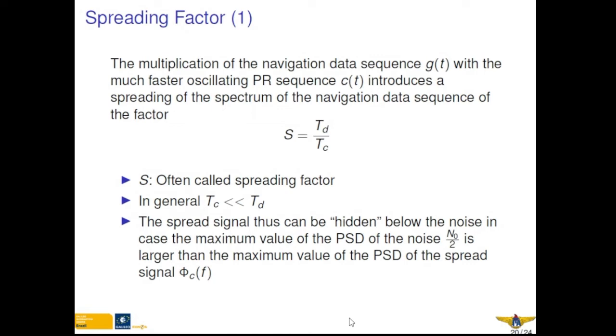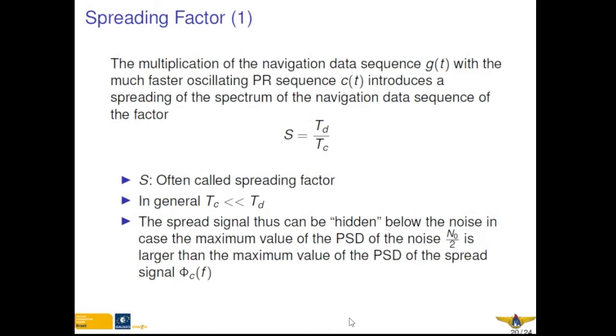Initially, people used this kind of technique to hide signals below the noise, because when you don't know the spreading sequence, you cannot receive, or even detect, the signal because it's below the noise. Only when you perform the correlation is the signal then visible with an oscilloscope or a spectrum analyzer above the noise.